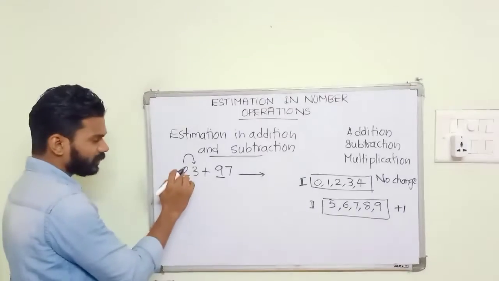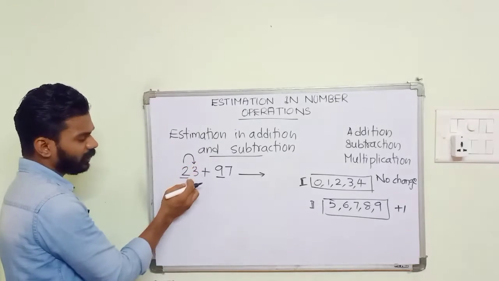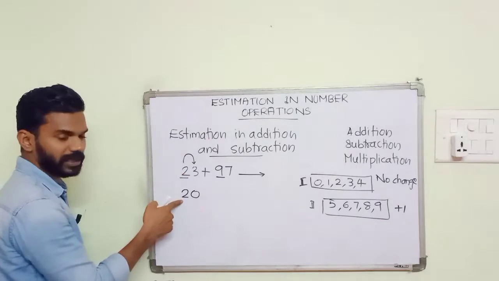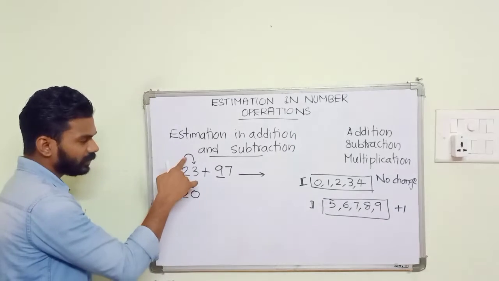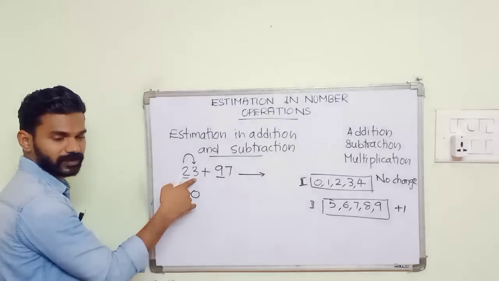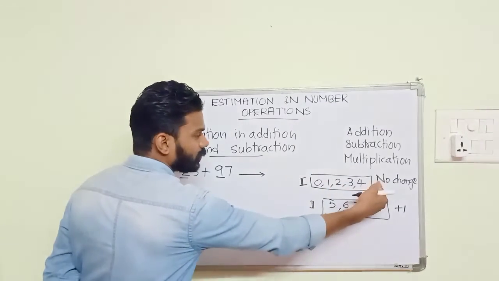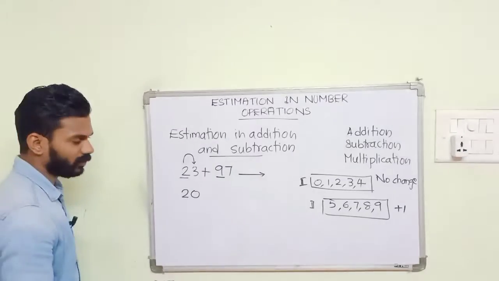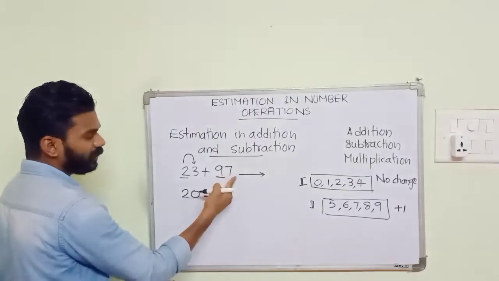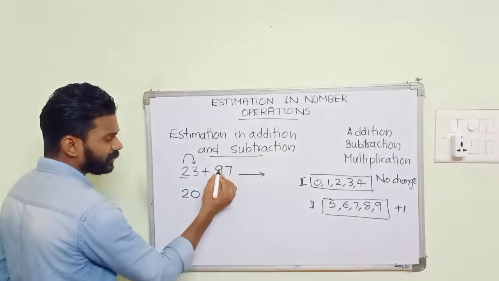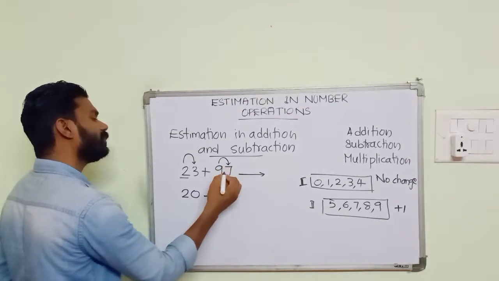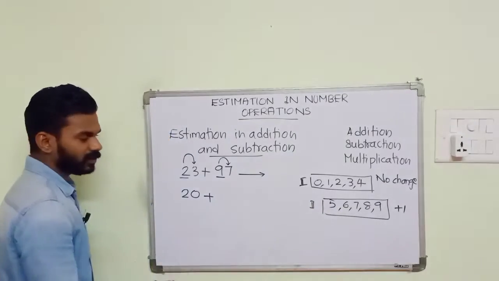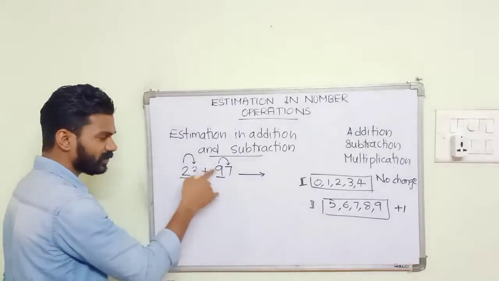Now, when 23 is rounded off, it gives 20. Why? We don't want to change this 2 because the digit just right to it is 3, which belongs to the first group. So there is no change and all other digits are replaced with 0. Now for 97, the tens place is 9, and the digit just right to it is 7. 7 belongs to the second group, so we need to add 1 to this 9.